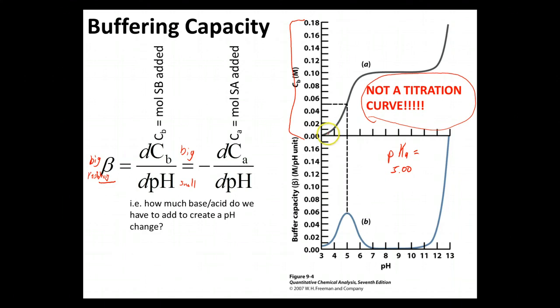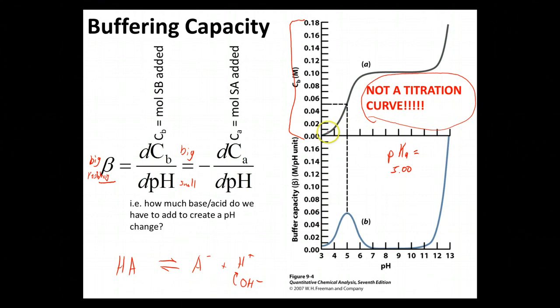Now I've got an increasing amount of my A minus. You can see that as we keep on removing this with OH minus, we're going to be pulling things forward through Henderson-Hasselbalch. That makes some sense to us, I hope.